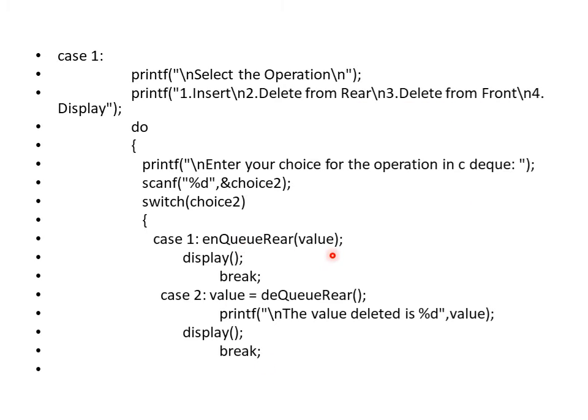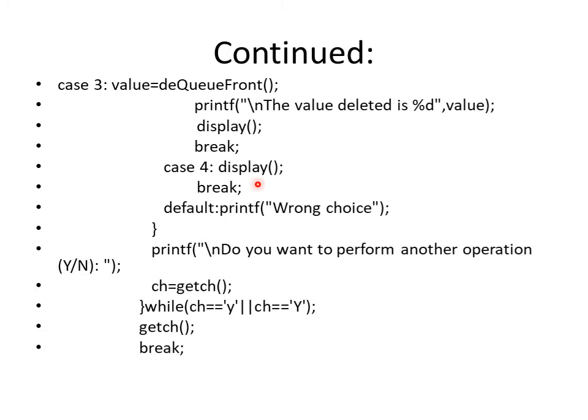Here the operations are NQ, and this is for DQ rear, that means insertion and deletion. And here the value DQ, once again deletion at the front end, and I am inserting.